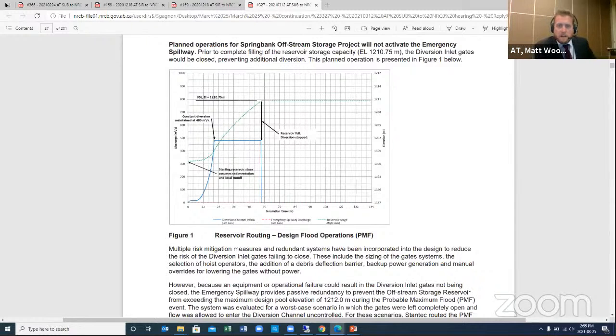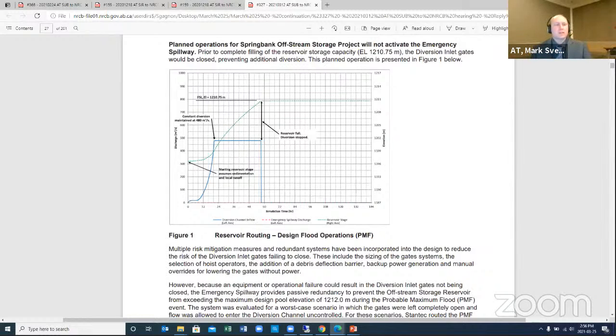These are typically items that are prepared as part of the final design and submitted at that point. And in terms of the timeline, do you have actually a timeline for that, Mr. Wood? I don't specifically. Perhaps Mr. Svensson is aware of any timeline.